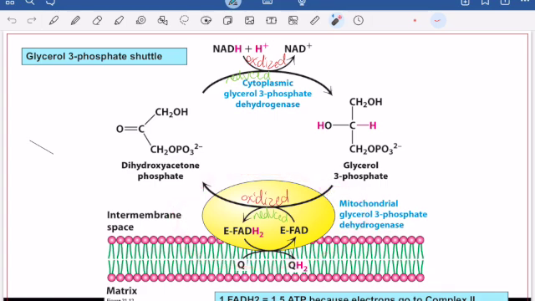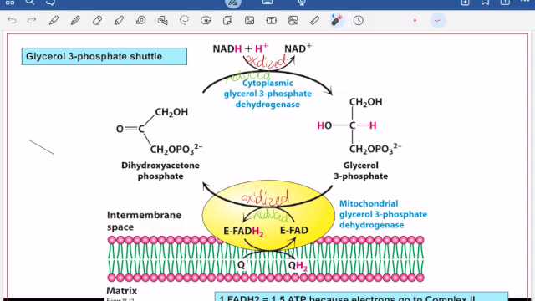So G3P is going to use that to pass its electrons to a FAD molecule, oxidizing G3P back to dihydroxyacetone phosphate and reducing FAD to FADH2. Because this enzyme is bound to the inner mitochondrial membrane, FADH2 can pass those electrons where? To complex 2, producing 1.5 ATP.